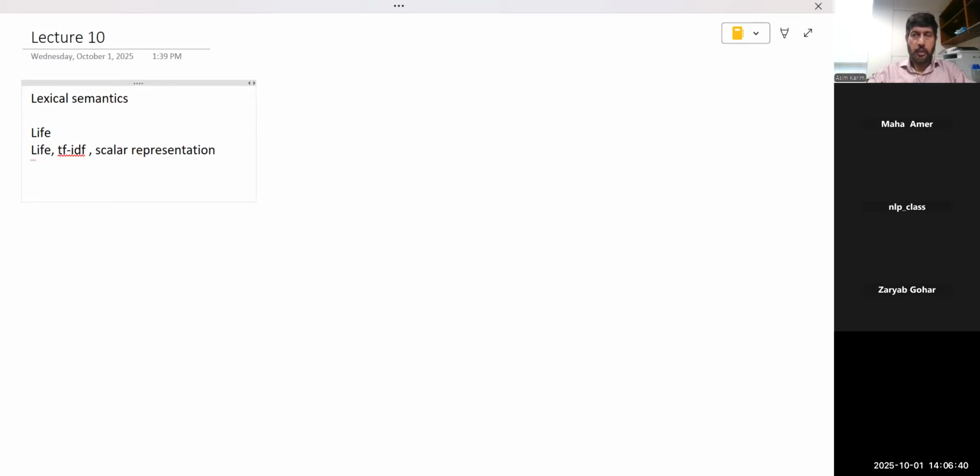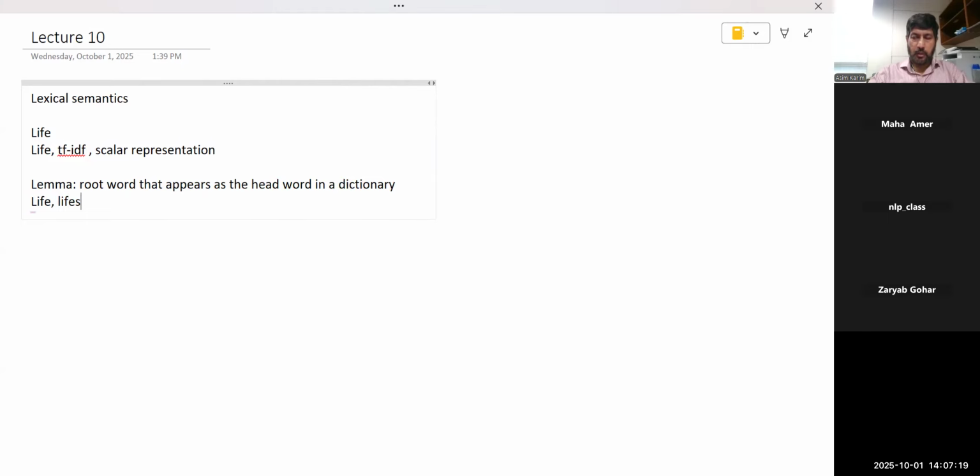Whenever you look at a dictionary, you have a concept called a lemma. A lemma is basically known as a root word that appears as the head word in a dictionary or lexicon. Morphologically, many words can have various forms. For example, life has a plural form, lives, although that's not a very common word.